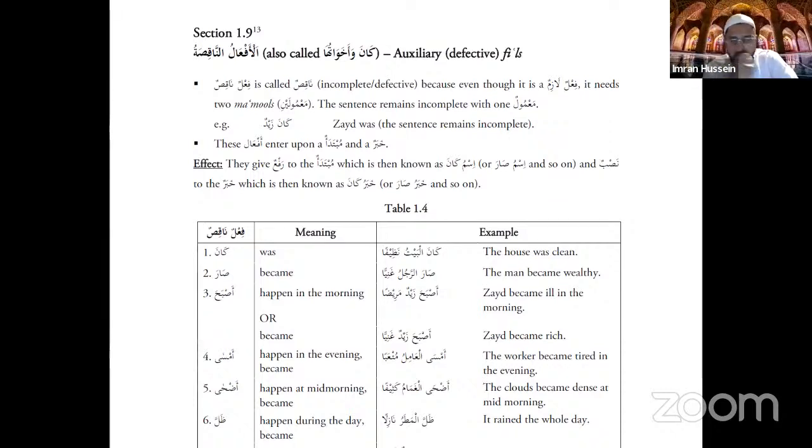Let me explain. Fi'l naqis means a defective verb, incomplete, defective. Even though it is fi'l lazim, it needs two ma'muls. What this means, I'll explain. Take the words al-baytu nadhifun.